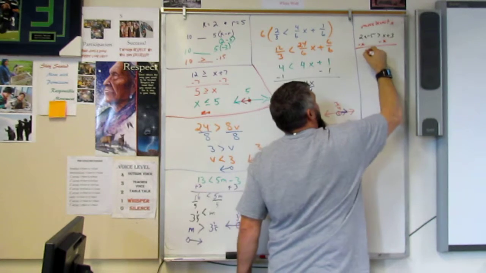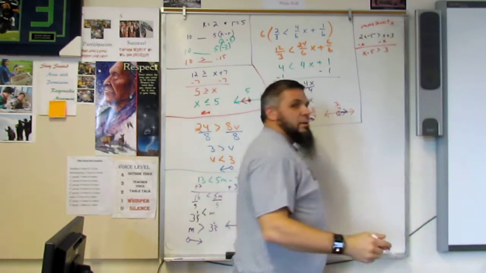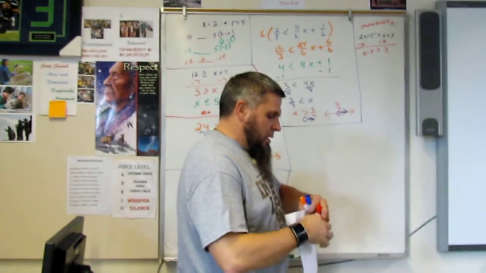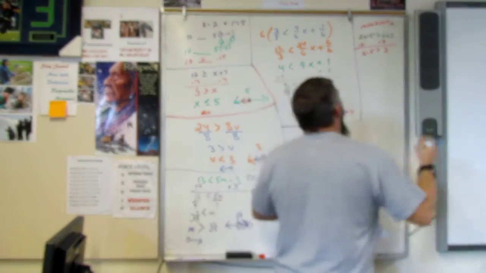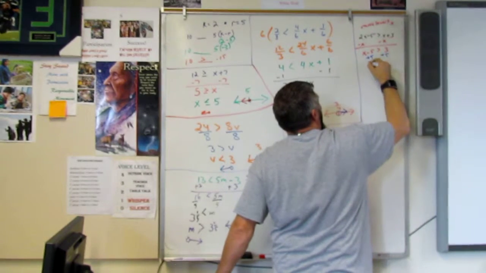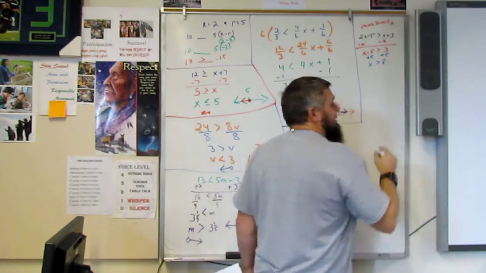And that gives me x minus 5 is greater than 3. And now I'm going to move the x to be alone. So plus 5 plus 5. So I get x is greater than 8. And now I can graph that.